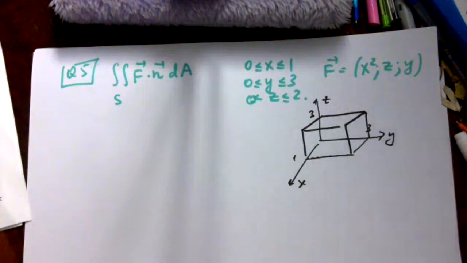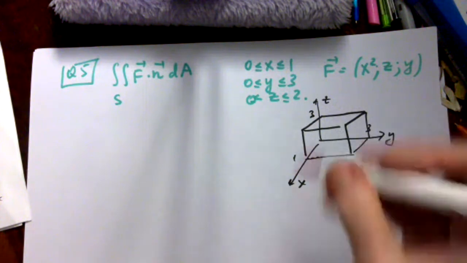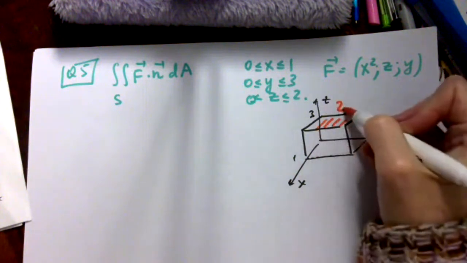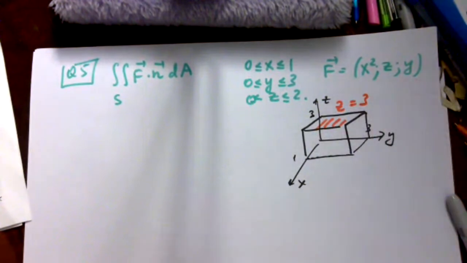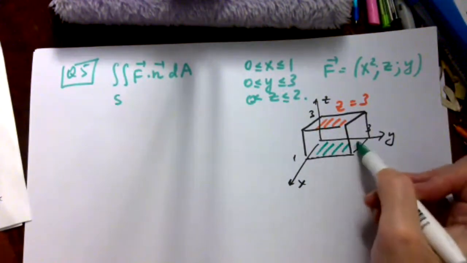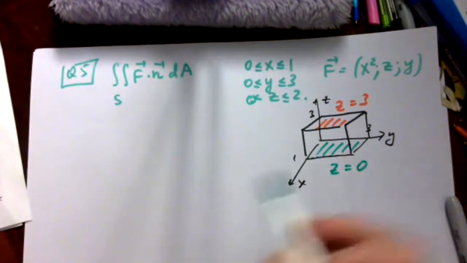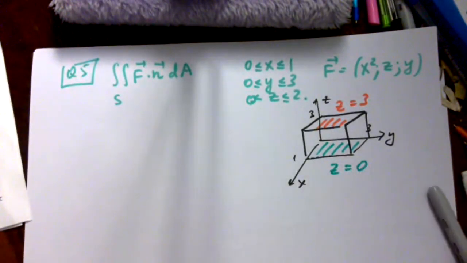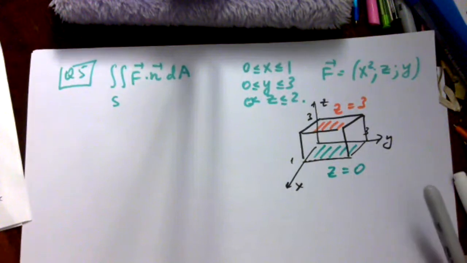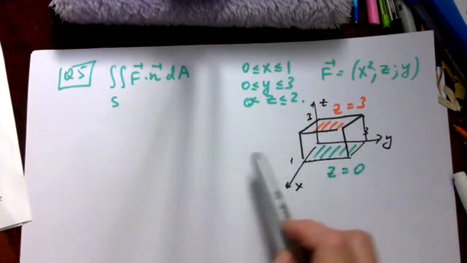It has vertical walls, and it has a roof, which has the equation z equal to 3, because this is just a horizontal plane. And of course it also has a floor, determined by the equation z equal to 0, because it's a flat surface.